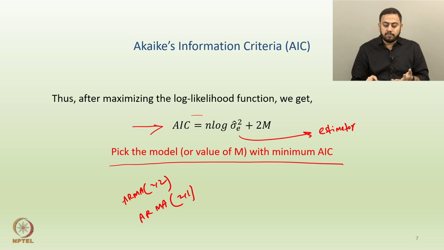And when you have a different number of parameters, the value of AIC would also change, because this depends on this m here, alright. Then again the idea should be to pick a model out of these two, or out of the 4 that we had earlier, which gives you the minimum AIC or the least AIC, alright. Okay, so this is the first one.